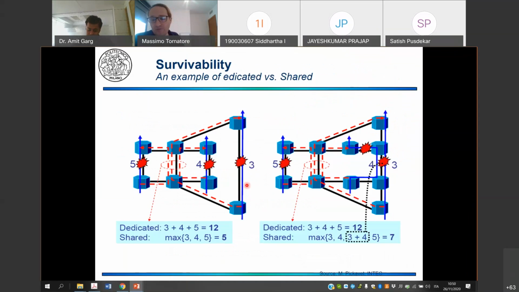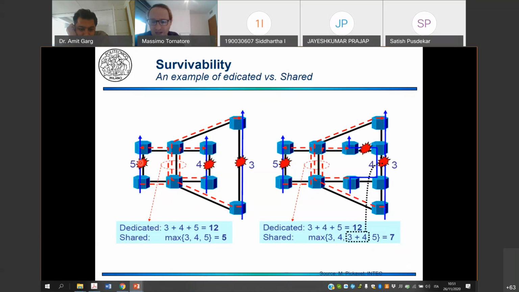So just to make an example of how the capacity is assigned in shared protection, see here, I have three working paths in blue, 5, 4, 3, are the capacities of these working paths. And the backup paths are the lines in dotted red. If I use dedicated path protection, how much capacity do I need on this link?